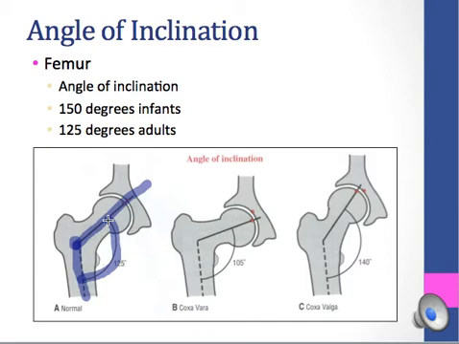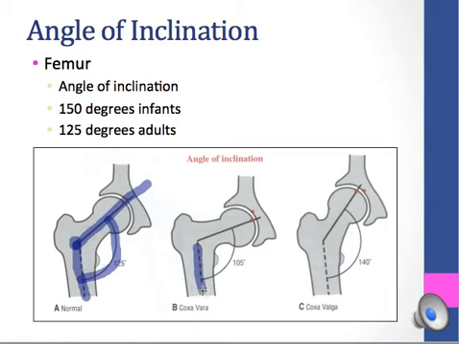But we'll see that there can be varying degrees. There are varying degrees in infants, even just through the ages, and we might also see a little bit of gender differences between the two genders. If there is a shorter angle, or less of an angle, we'll name that coxa vara.